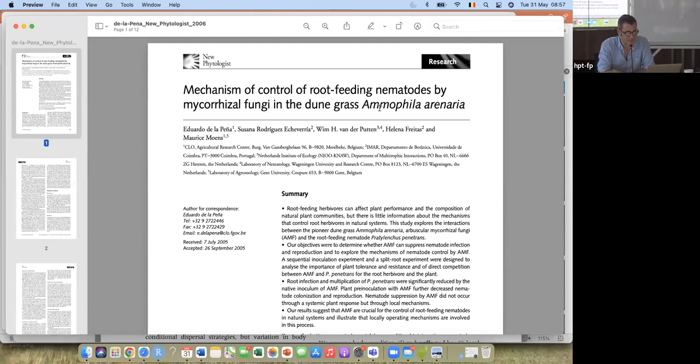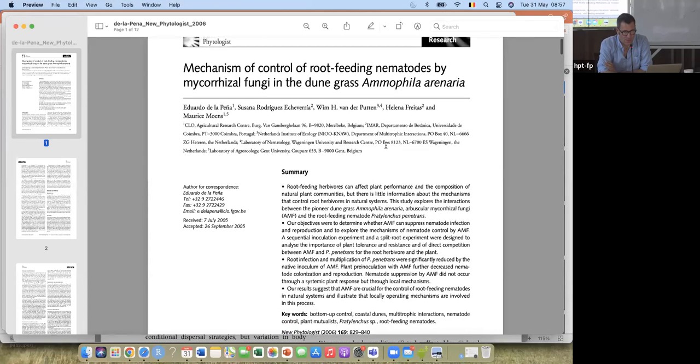So I was working with Ammophila arenaria. This is a species that grows in coastal dunes at the coast. It's a species that is not so interesting. It's not a crop.